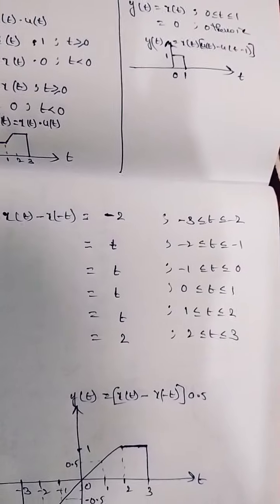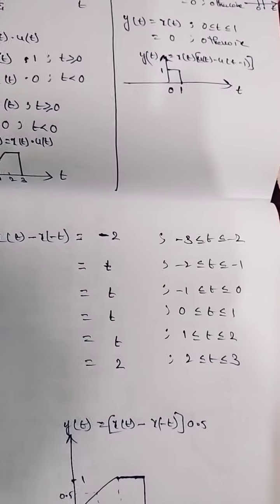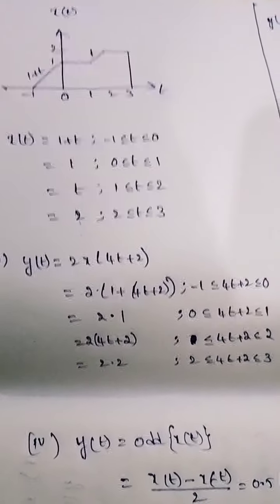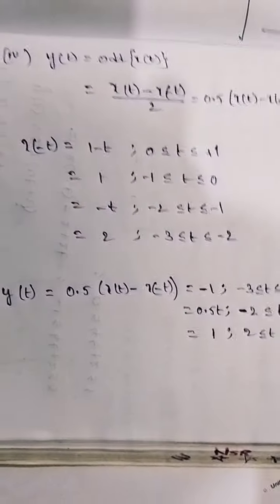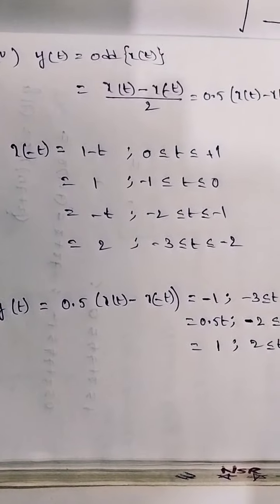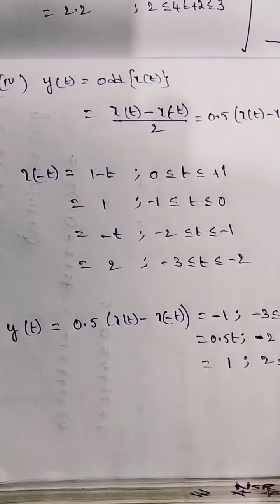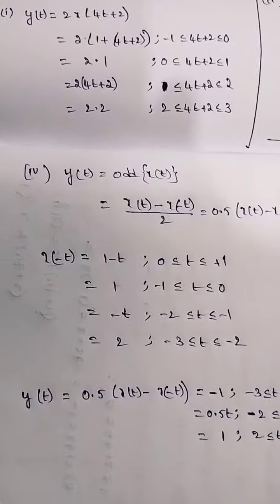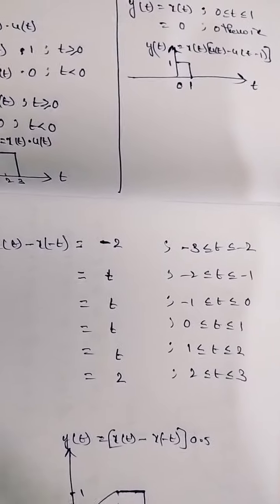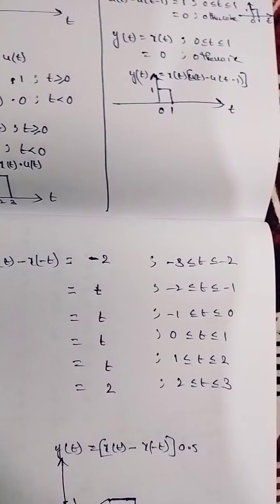Here minus 3 to minus 2, first take the range. In between minus 3 to minus 2, in x(t) there is no value, but in x(-t), minus 3 to minus 2, the amplitude value is 2. That means 0 minus 2 becomes minus 2. Then here is a value minus 2 in between minus 3 to minus 2.